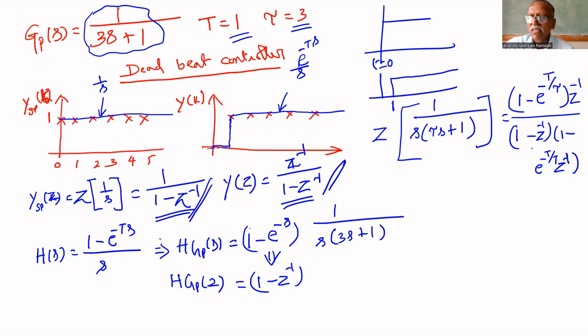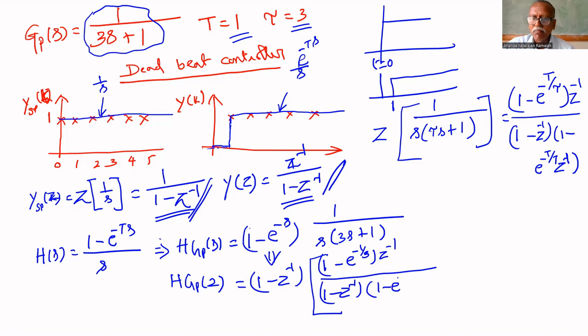Therefore, this can be substituted here. We substitute that: t equal to 1, tau equal to 3. What you will get is 1 minus e power minus 1 by 3, z power minus 1, whole divided by 1 minus e power minus 1 by 3 z power minus 1.